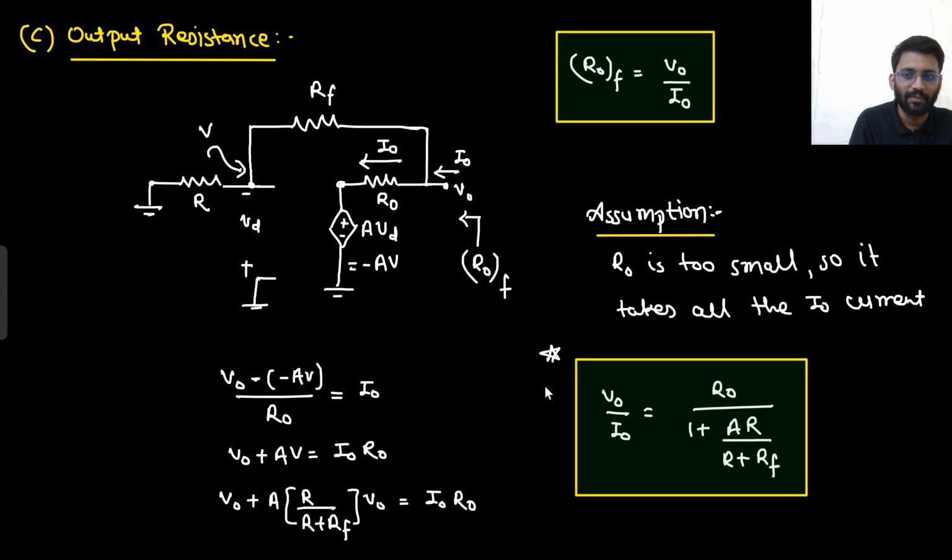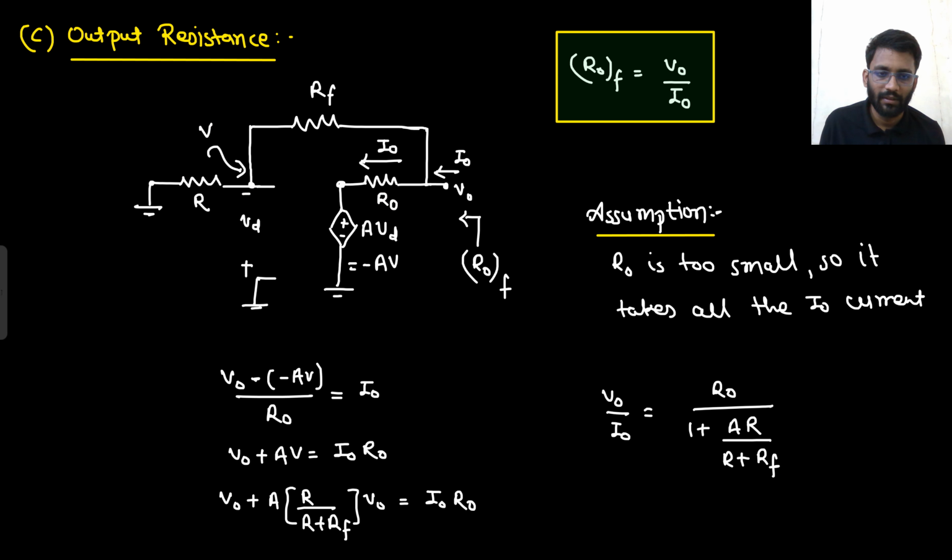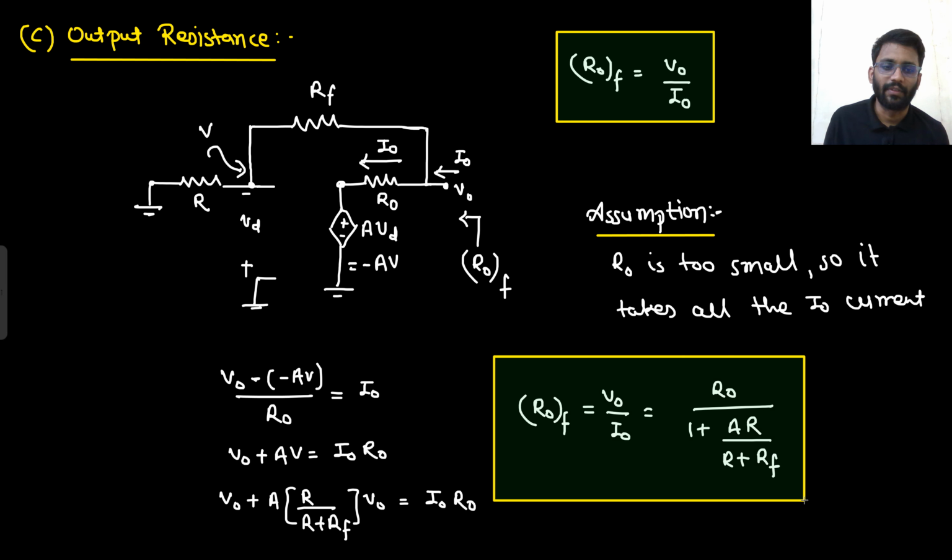So V will be simply R upon R plus RF into V naught. From there I calculated V naught by I naught, that is R naught upon 1 plus AR upon R plus RF. So this is your R naught with feedback. I should have written R naught with feedback. So this is the analysis we have done.